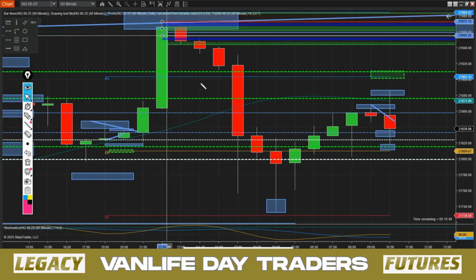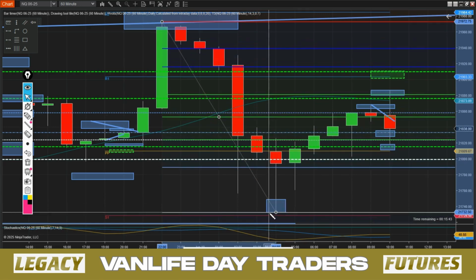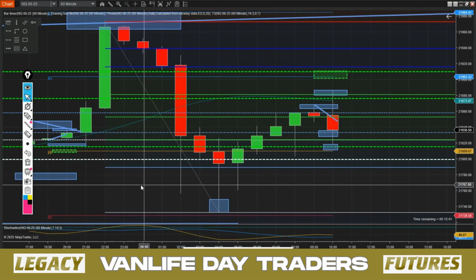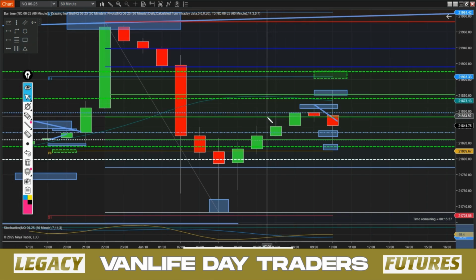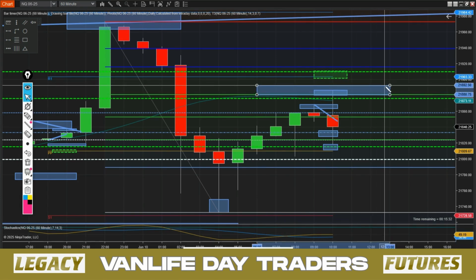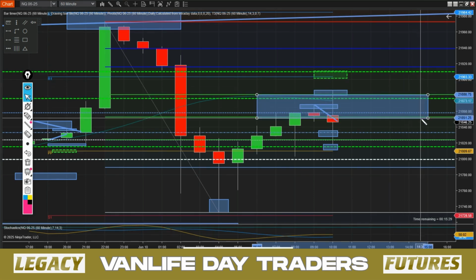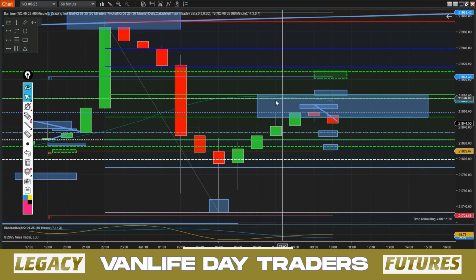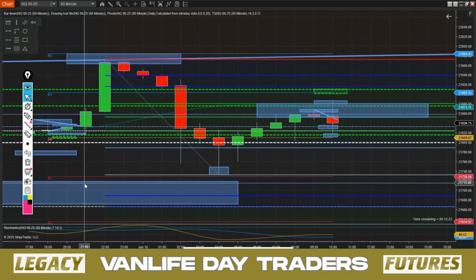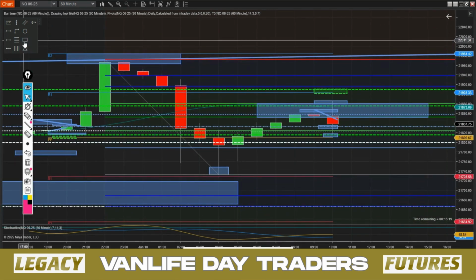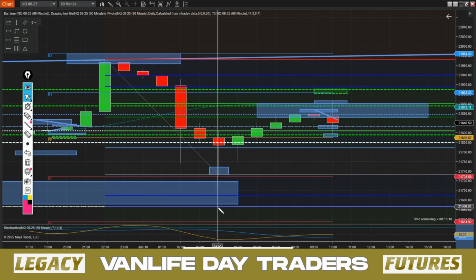We do have a potential sell. Remember, the higher the time frame, the stronger the setup. We have here a resistance zone, and then we have a support zone way down here.